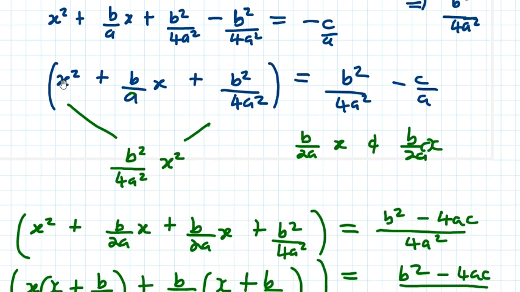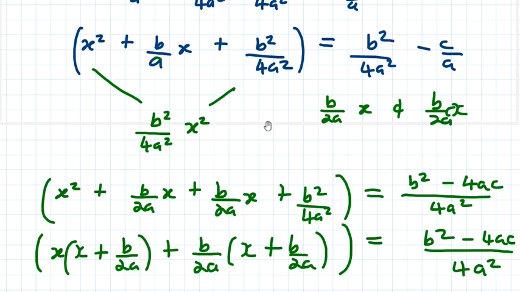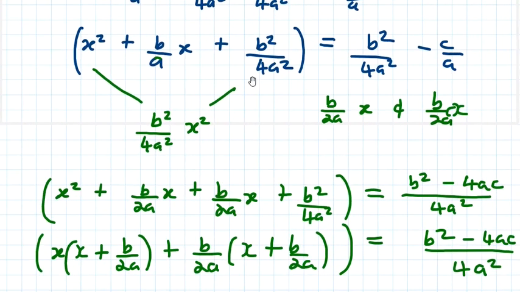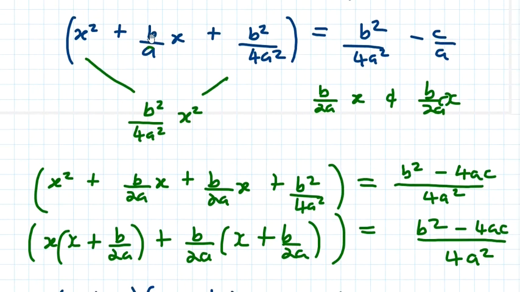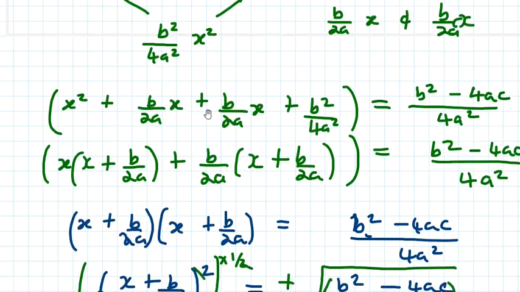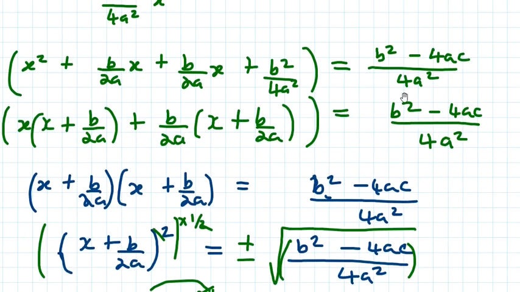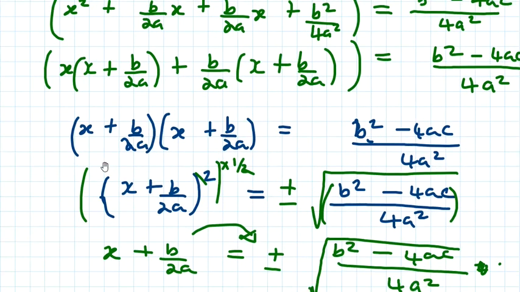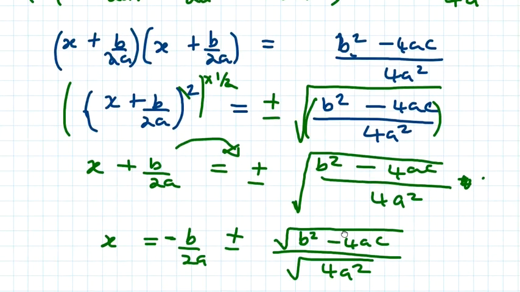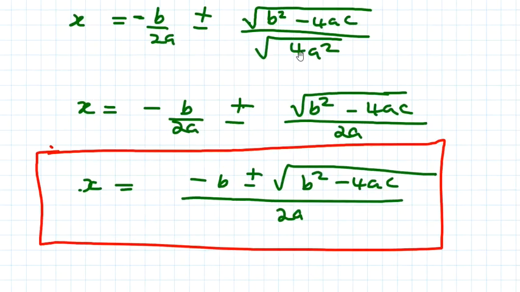After that, we just follow the common procedure of factorizing, finding the common terms, which when we multiply we get b squared over 4a squared, and when we add we get b over a. After we got those terms, we simplify this part and factorize, and that's our final solution.